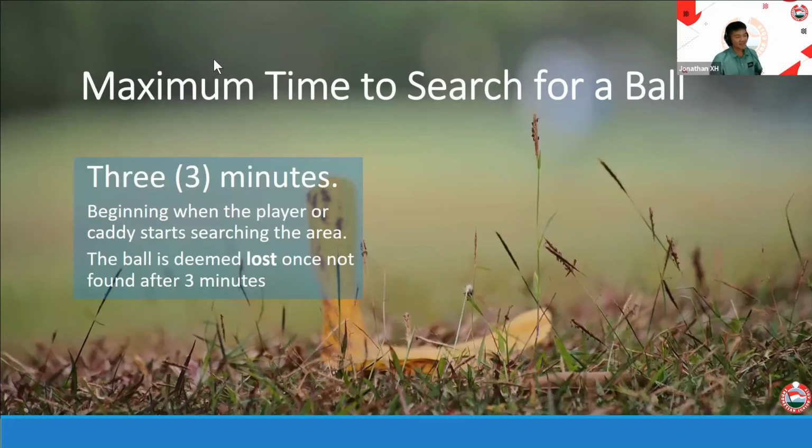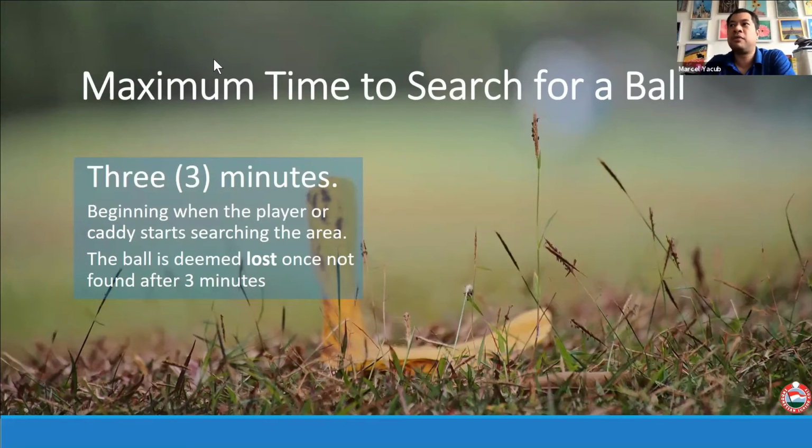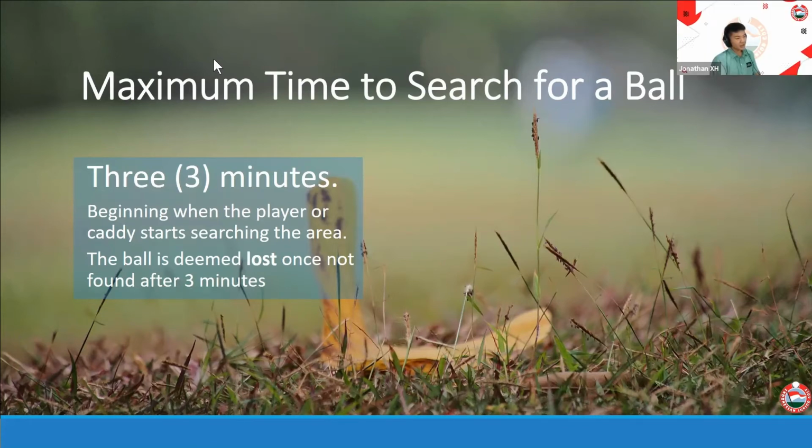For that time, there's no referee, no exact time, and nobody picking up their phone. So what do we do? Do we hit 2 balls, or the provisional ball? Well, if you don't hit 2 balls, then you've essentially decided to go with that ball.